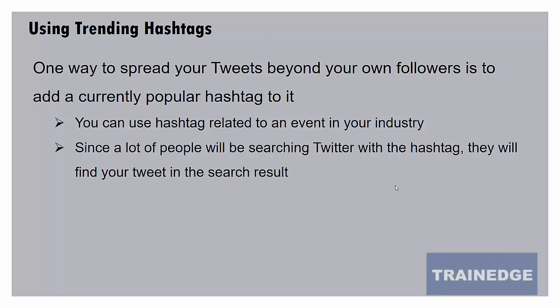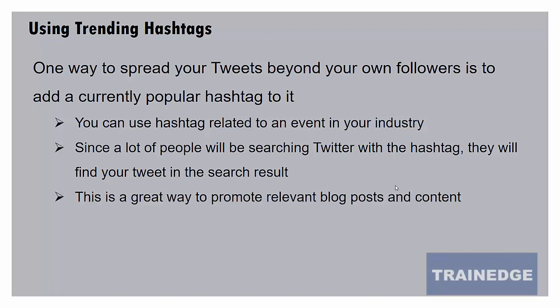Make sure that you tweet good high quality content no matter what hashtag you're using. So when somebody searches and finds your tweet because they're searching for a popular hashtag, they'll see relevant, high quality content, and will want to engage with it. This is a great way to promote relevant blog posts and content.